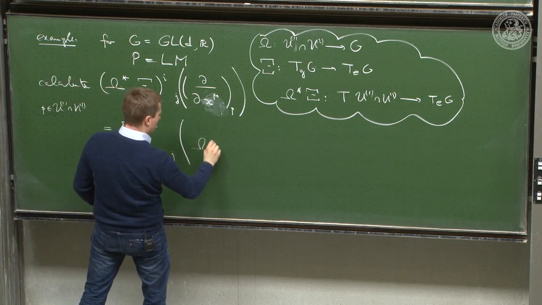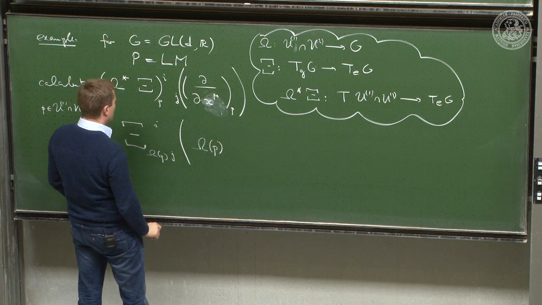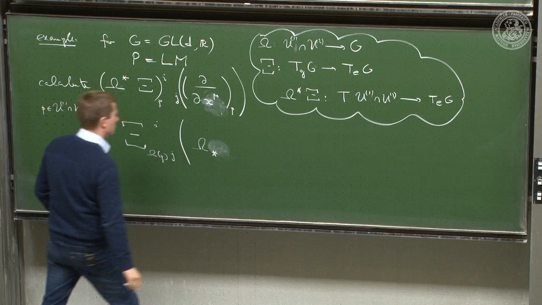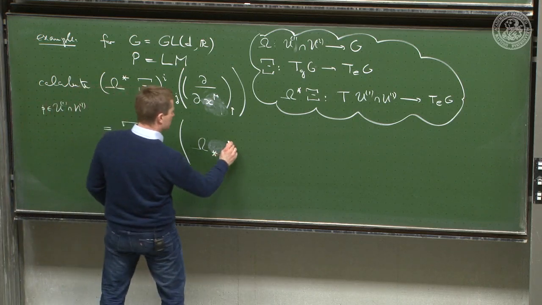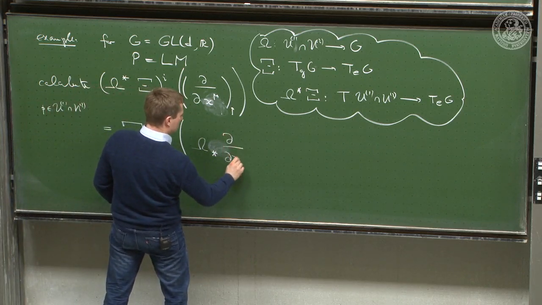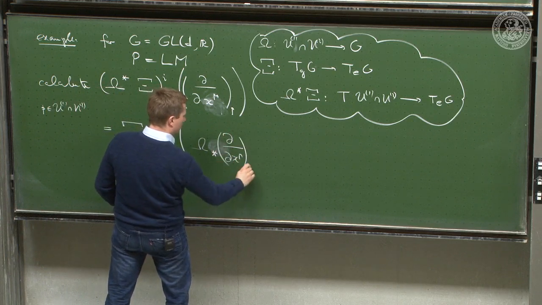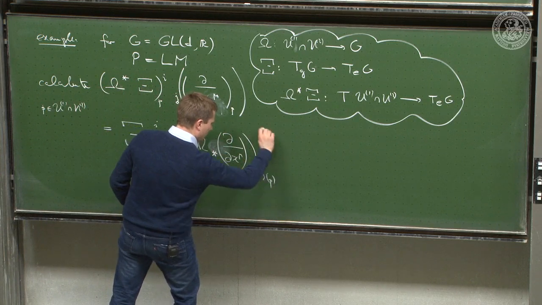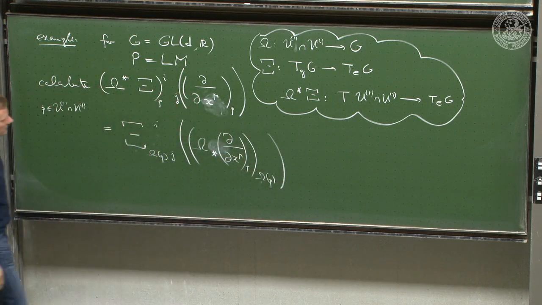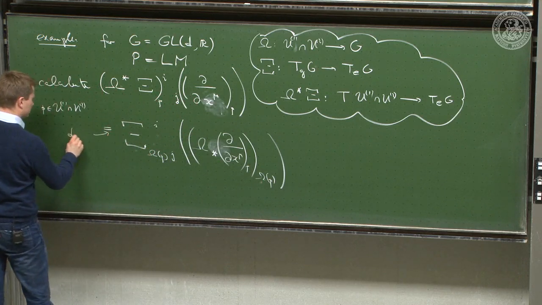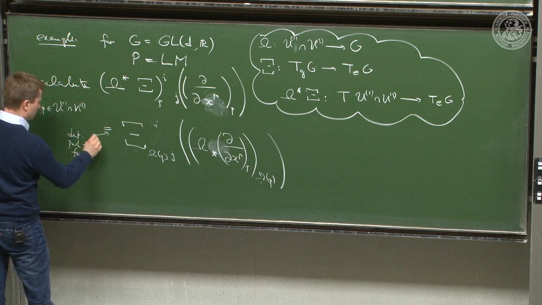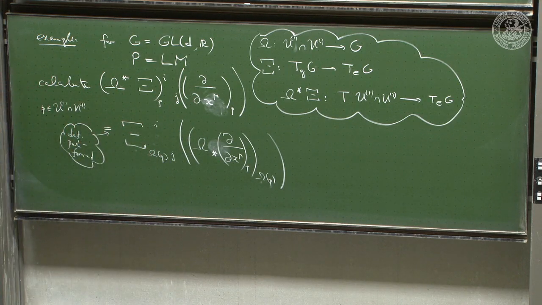So this is the omega of P push forward, acting on d by dx mu at the point P, and the whole result is then, of course, at the point omega of P, as it must be, such that this form can act on it. So that's the definition of the push forward. Okay.